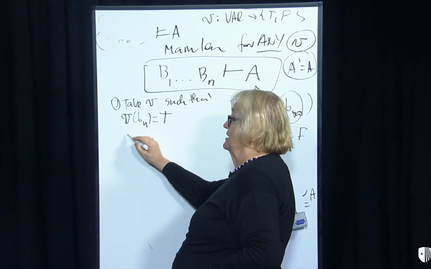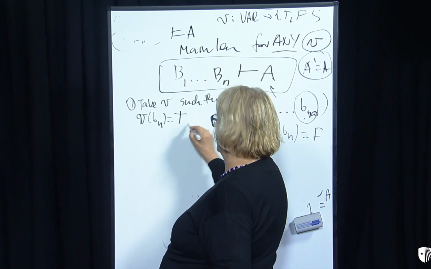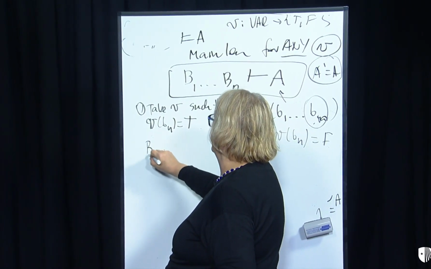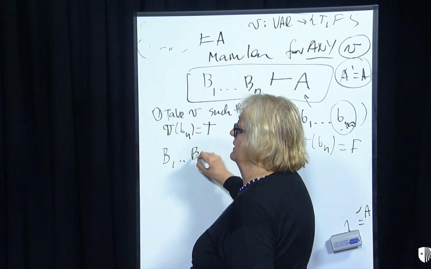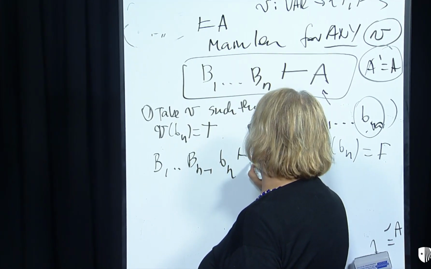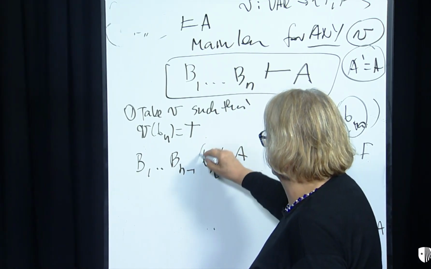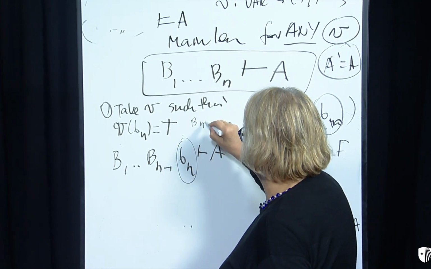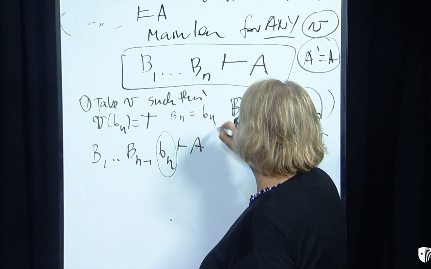So what happens here? In this case, we have that B1, ..., Bn minus 1, Bn proves A, because Bn equals Bn.